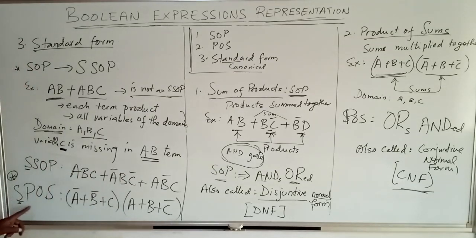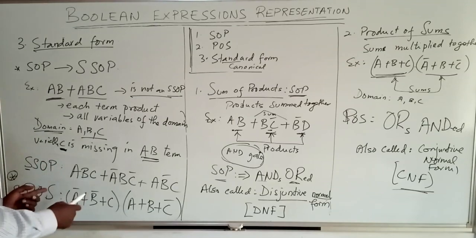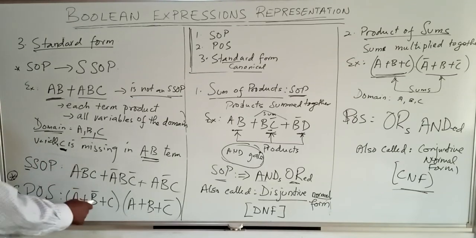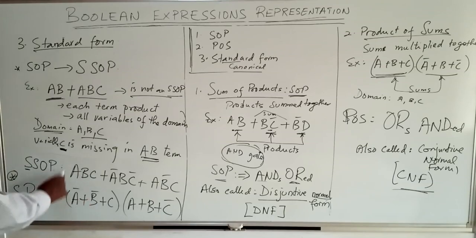If it is a standard product of sum, each variable must be represented in each sum term. So this is how we can represent a standard form, whether it is standard sum of products or standard product of sums.